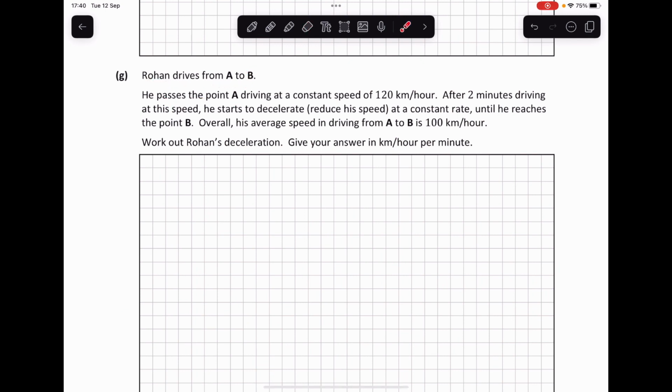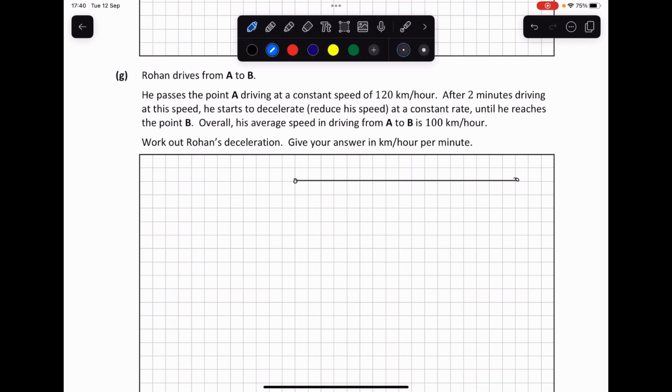So Rowan drives at the speed from A to B. He passes the point A, driving at a constant speed of 120 kilometers an hour. After 2 minutes driving at this speed, he starts to decelerate at a constant rate until he reaches the point B. Overall, his average speed in driving from A to B is 100 kilometers an hour. So we know that. Let's draw a little line and communicate what we know about this problem.